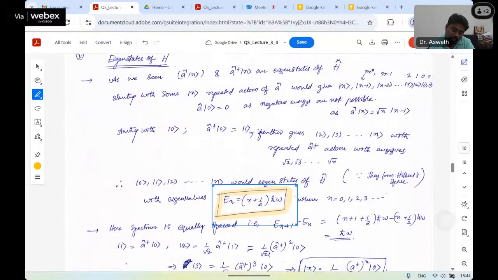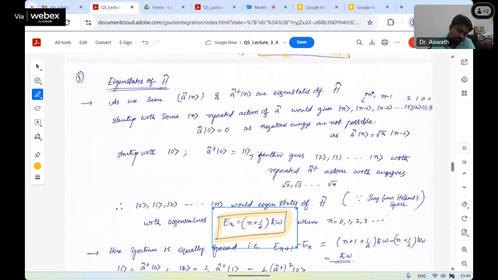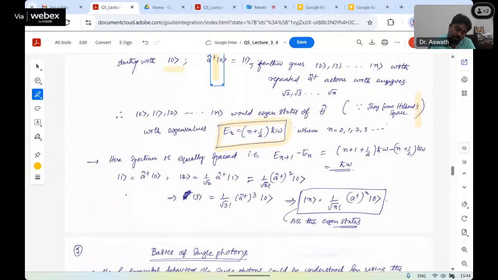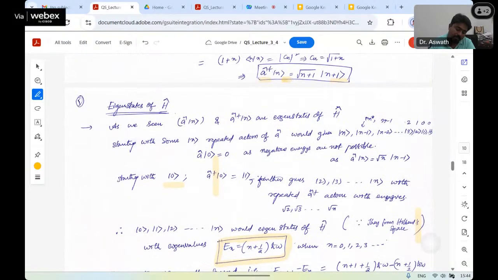Interestingly, if I start with 0, acting with A dagger I create 1, again A dagger I create 2, 3, up to n. So I can write |n> in terms of acting A dagger several times on |0>. There is a scaling factor of 1 over the square root of n factorial, which you can work out by looking at the mathematics.